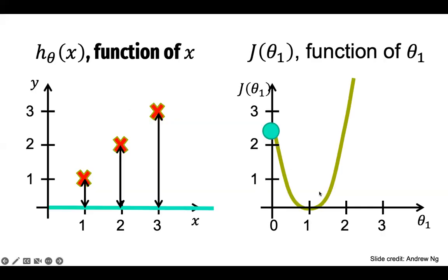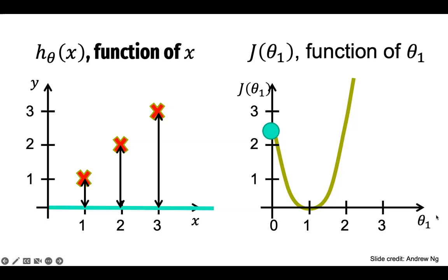We can see here that at first we have h of x, a function of x, and the values are far away from this regression line. On the other side is the cost with respect to the change in theta.